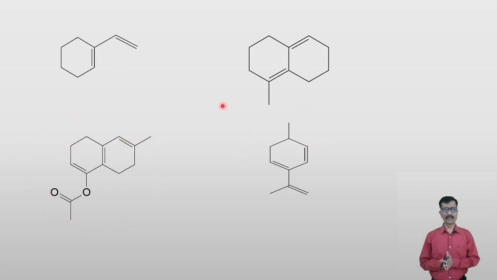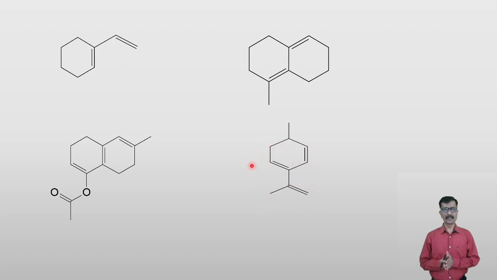Now this is something different. If you look at the structure, there are 3 double bonds. They look like they are alternate, but this double bond is not in conjugation with this diene system, or this double bond is not in conjugation with this diene system.